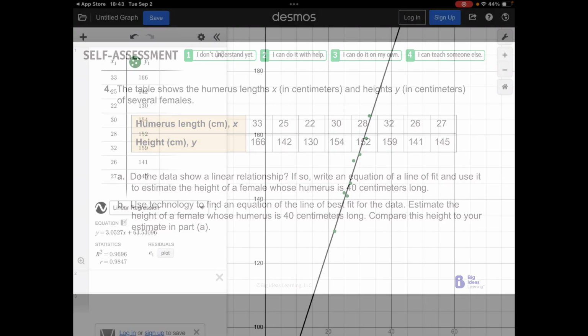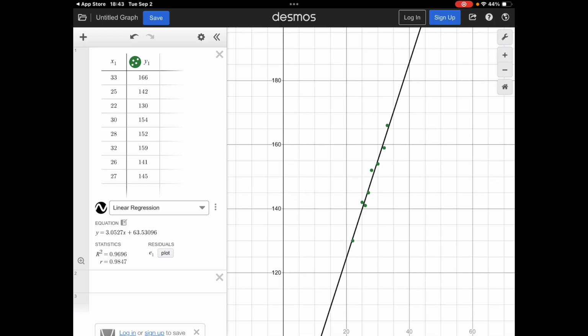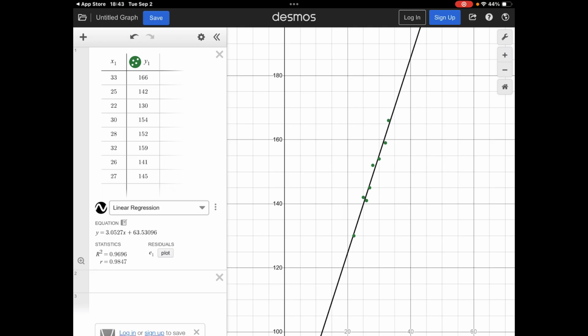Okay, 2 seconds. So I went ahead and used Desmos, and what's kind of great is that you can have it set up your linear regression. Let me just explain to you what I did. Over to the left, I have my X and my Y values. I was able to create a chart for you guys if you wanted to test out Desmos while you're on your computer.